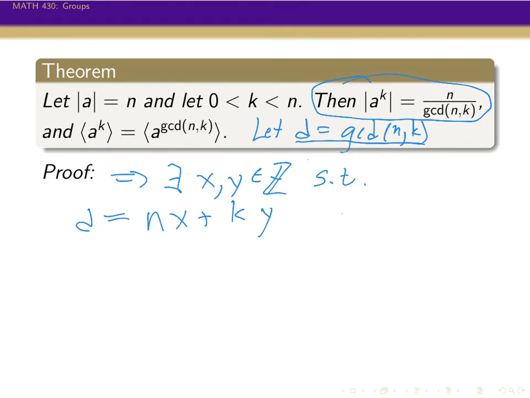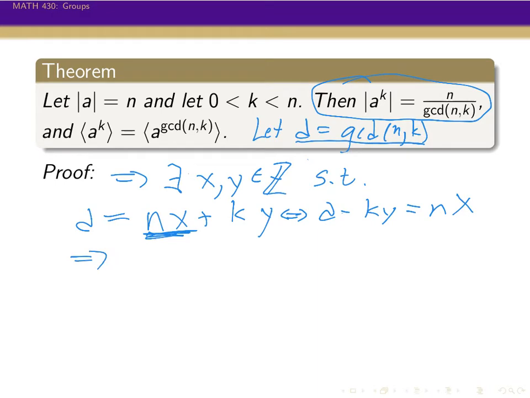Well, what this means, if I now reduce both sides mod n, I have an n right there and a multiple of n right there, so when I reduce both sides mod n, that disappears. Or saying this slightly differently, if I do d minus ky, I get a multiple of n.